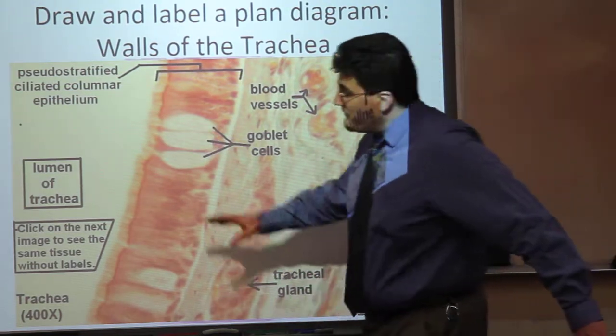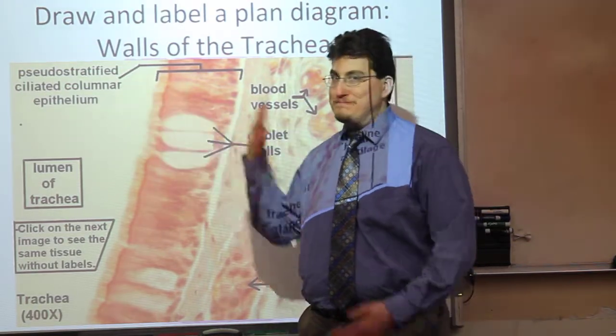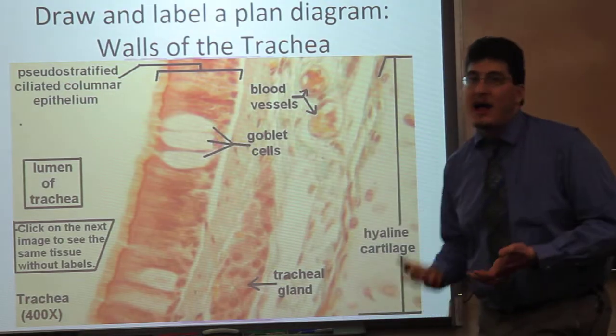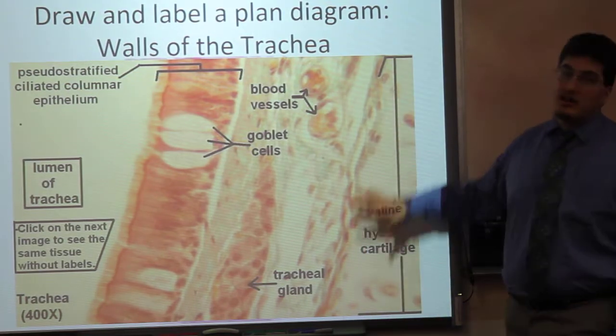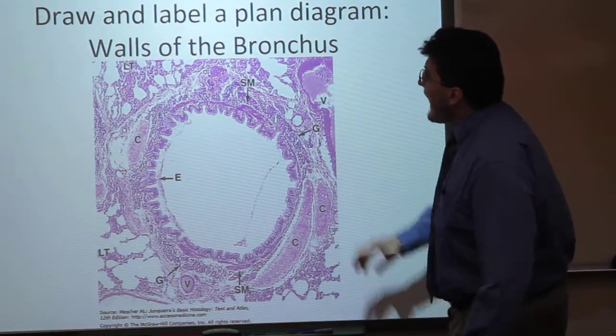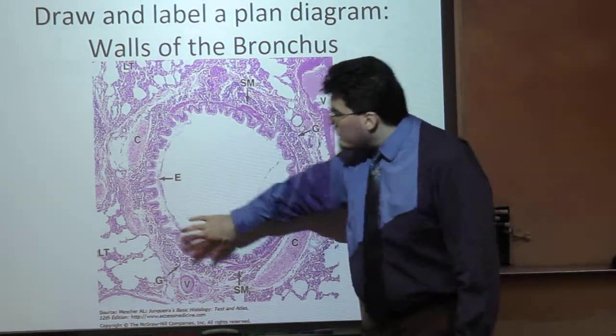But then again, you have oxygen passing right around here, so the exchange rate is a little bit different for oxygen supply and demand here. Now, here we have a cut of hyaline cartilage, which is part of our C-shaped ring. Now we have the walls of the bronchus. I've got smooth muscle around here.